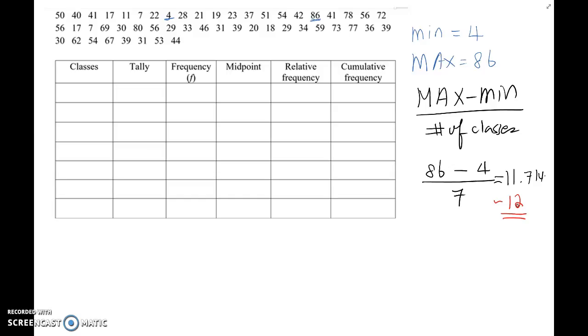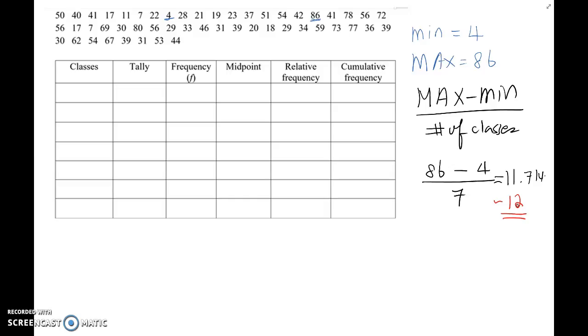And even though you got exactly 11, still round up. The reason is we want to make a wide enough space for the entire data set, even though potentially we will have empty classes. Therefore, no matter what, we round up. This is a really important concept.